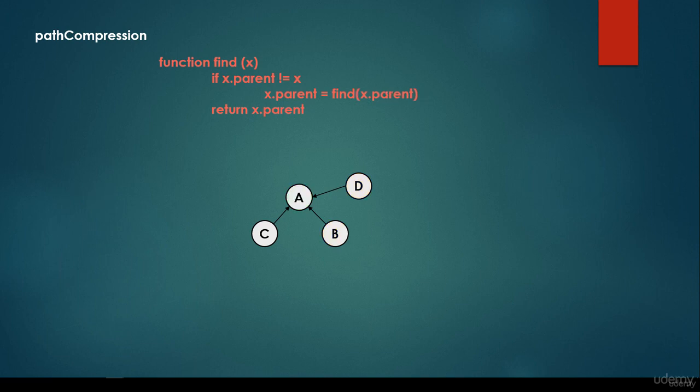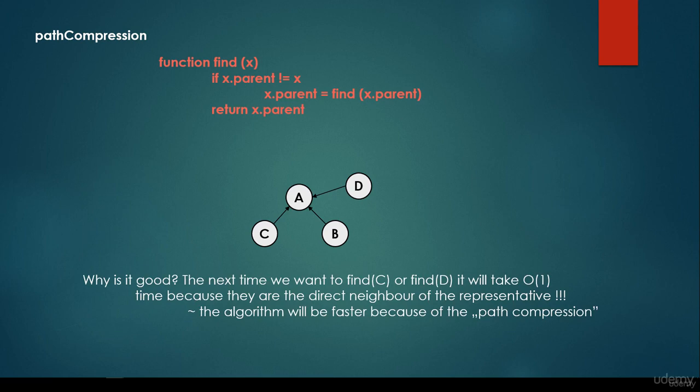It's very, very important and very useful in Kruskal's algorithm. Okay, so just to summarize again, why is it good? Because the next time we want to find a C or find a D, it will take O(1) time, because they are the direct neighbor of the representative. So the algorithm will be faster because of the path compression, as well as because of the rank.